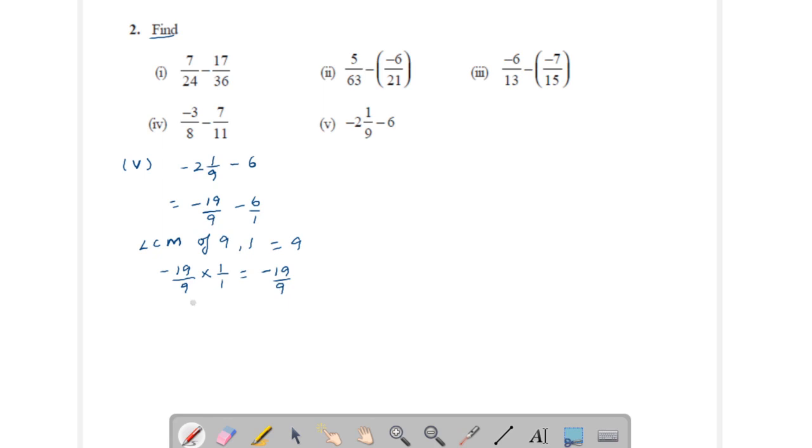Take second rational number. It is minus 6 upon 1. Here denominator is 1. Divide LCM 9 by 1. You will get 9. Multiply numerator and denominator by 9. You will get minus 54 upon 9.